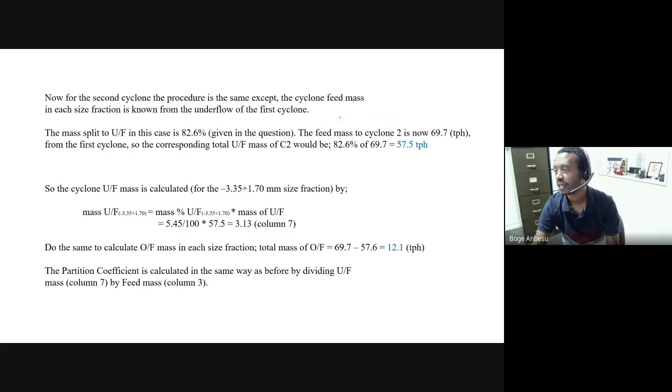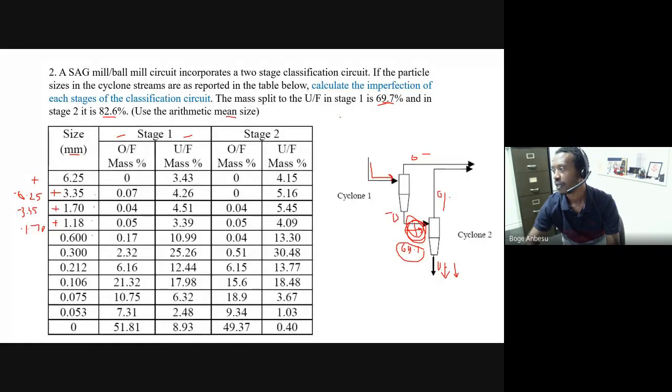So what I mean is, underflow for the second cyclone divided by feed of the first cyclone will give me the overall or combined cyclone performance. Because what happened was feed came here and was classified, and then we take the underflow and classify it again. So these are the overflows, total overflows from the two, and this is my underflow.